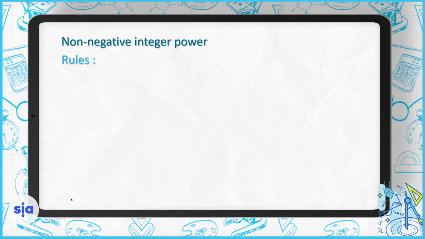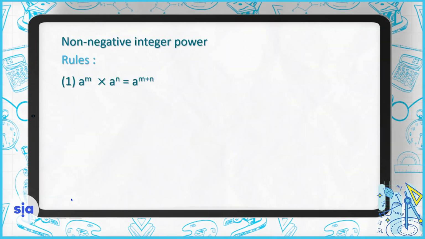The first one: if a to the power of m is multiplied by a to the power of n, if you have two numbers that are having the same base multiplied together, the result is the base as it is, and then we add the powers. So the result is a to the power of m plus n.